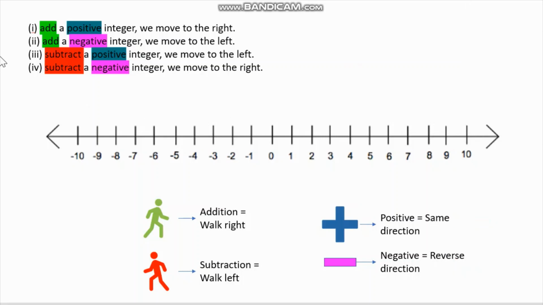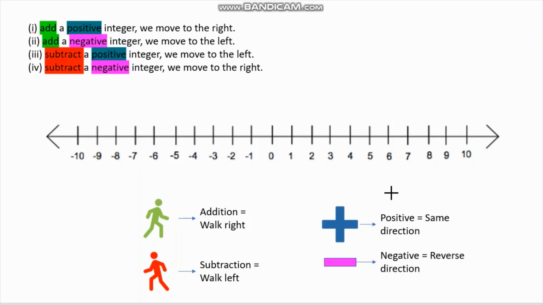So whenever we come across any of these four cases, what we have to do first is look at whether it is a case of addition or subtraction. If it is addition, then we have to walk right. If it is subtraction, we have to walk left.